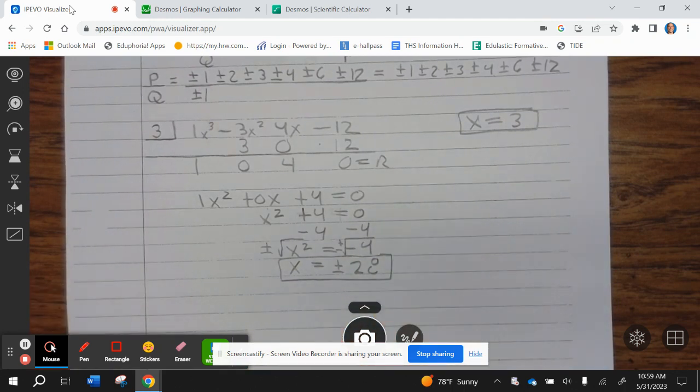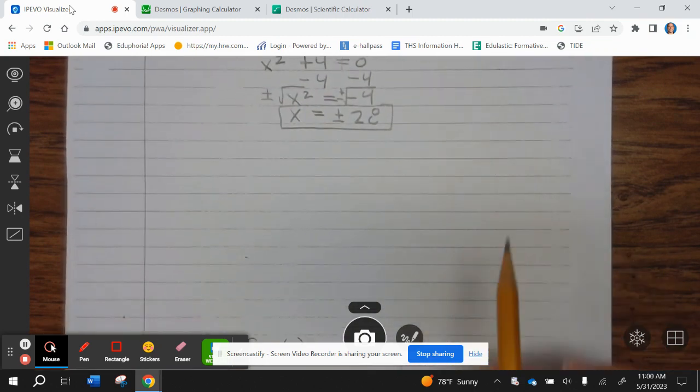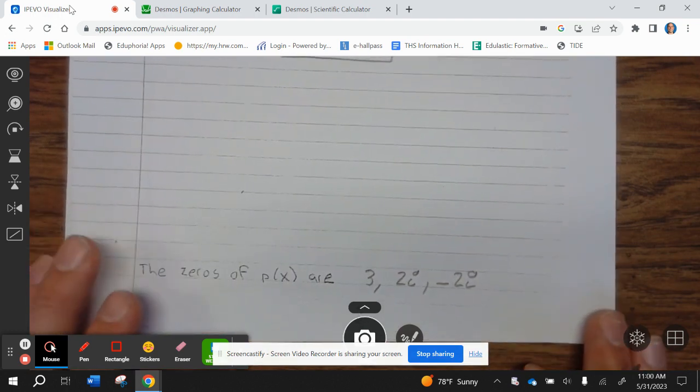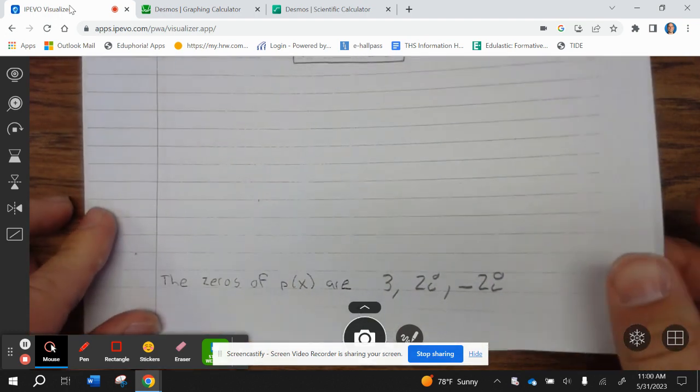So this one actually, we didn't have to use the quadratic formula, but we have our zeros. So the zeros are 3, 2i, and negative 2i. All right, go and finish up example 2.